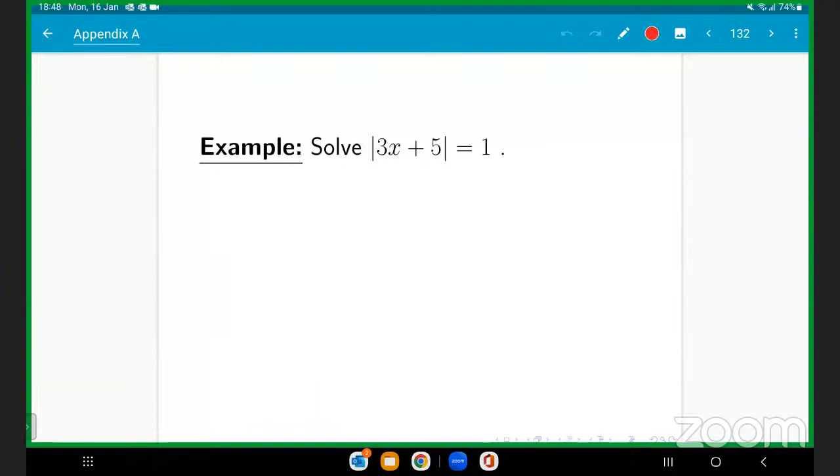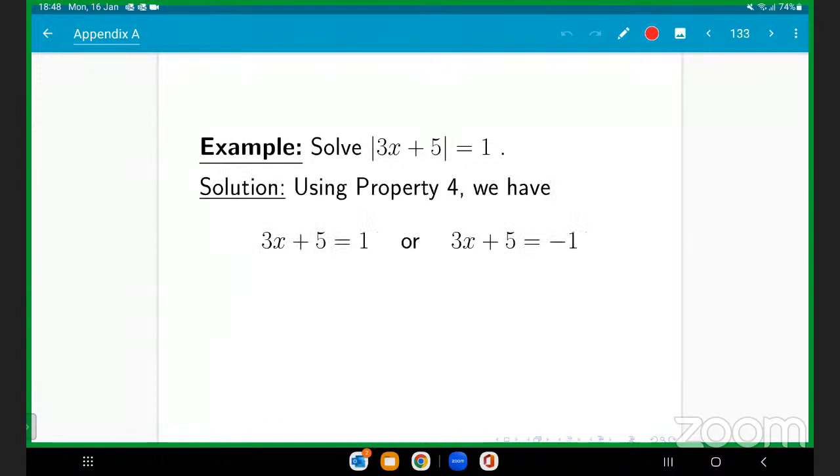So let's say we want to solve this equation: the absolute value of 3x plus 5 equals 1. We are expecting to get two solutions. Firstly, we need to drop the absolute value sign. So either everything inside the absolute value is equal to positive 1, or everything there is equal to negative 1.